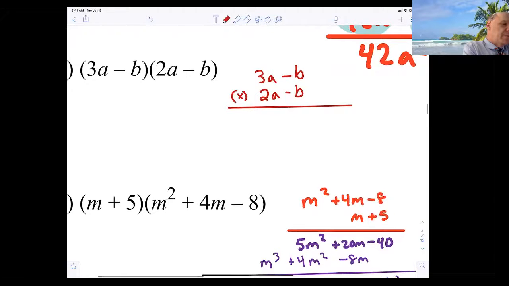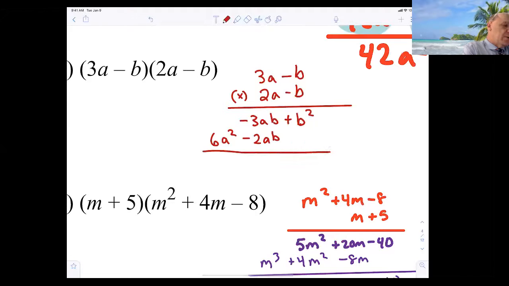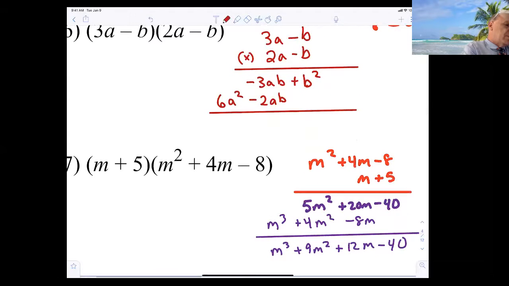Positive b squared, negative 3ab, negative 2ab, and 6a squared. Do we have any issue with that so far? And then combining terms, 6a squared minus 5ab plus b squared. Anybody have any problems with that?